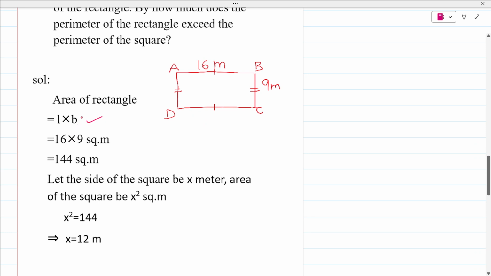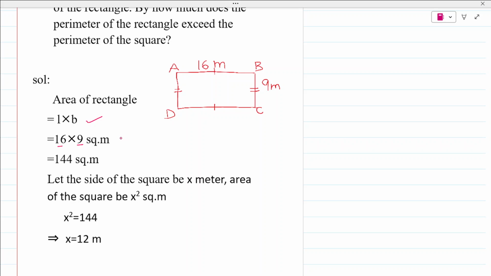Now the length is given as 16 meter, and the width is 9 meter. So 16 into 9 is 144 square meter. The unit of area is square meter or square centimeter.